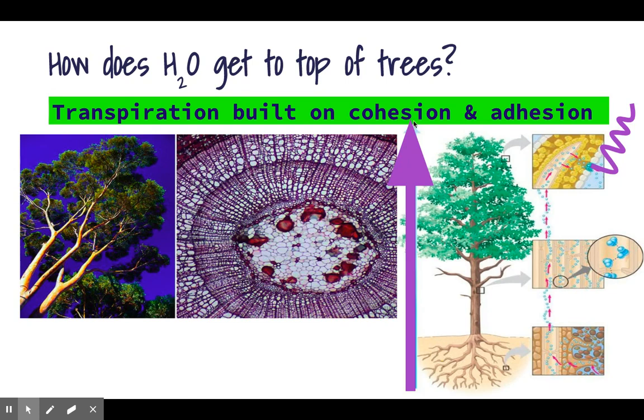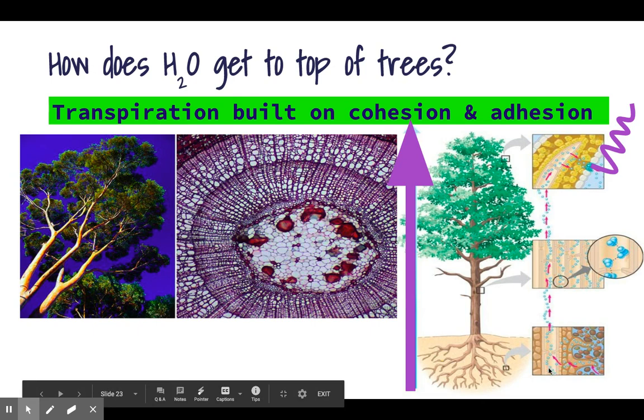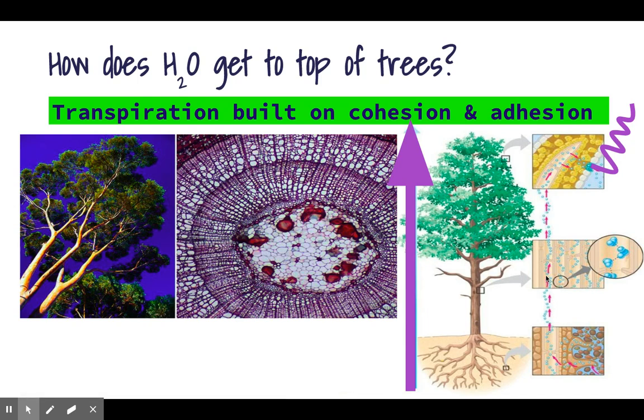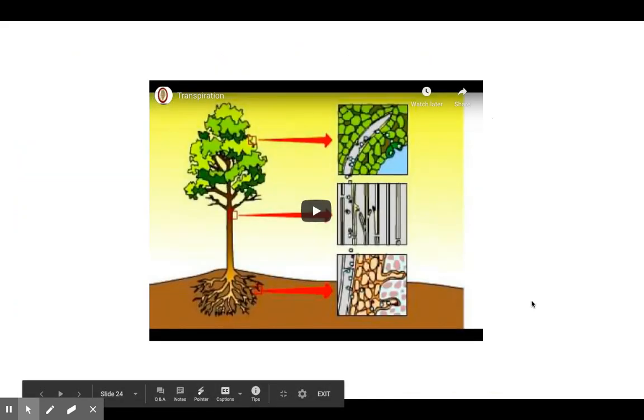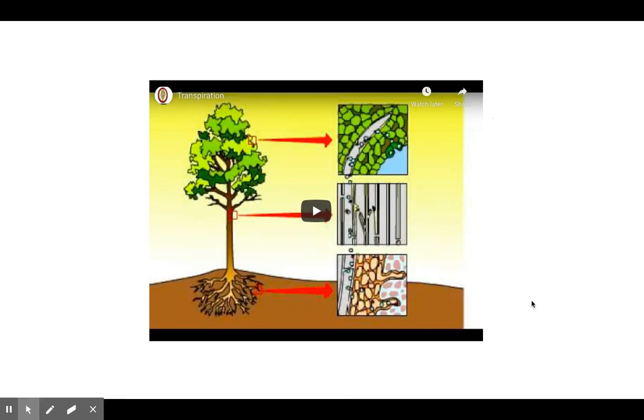It does this through the property of cohesion and adhesion, meaning water sticks to itself and it also sticks to the side, also known as the xylem. So it allows the water to travel up against gravity and out to the top of the tree. Here's a brief video on the importance of water properties for the plant, also known as transpiration.